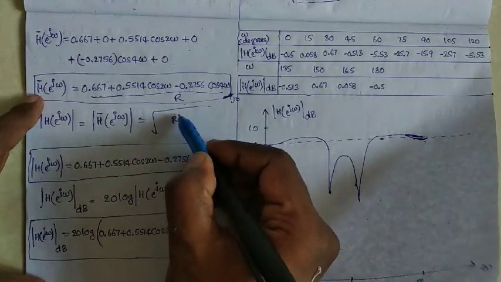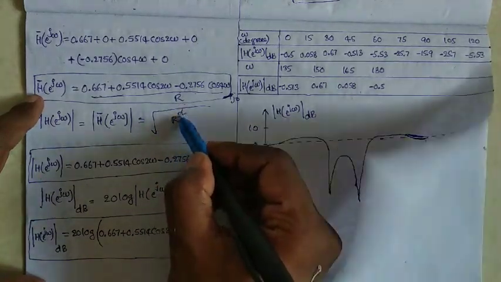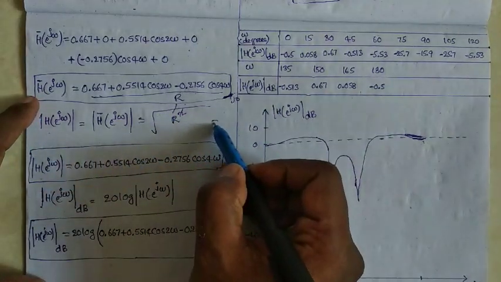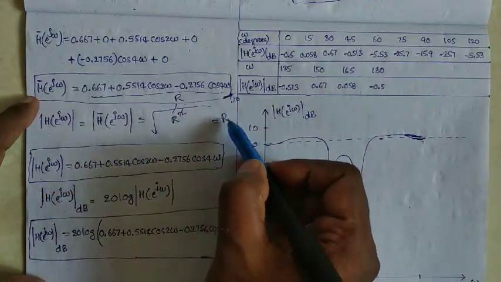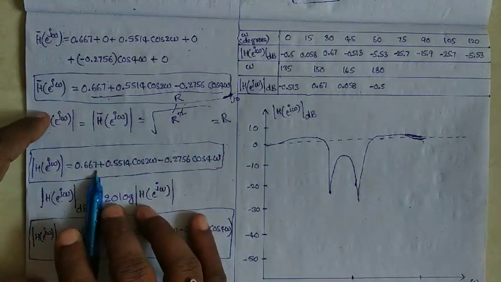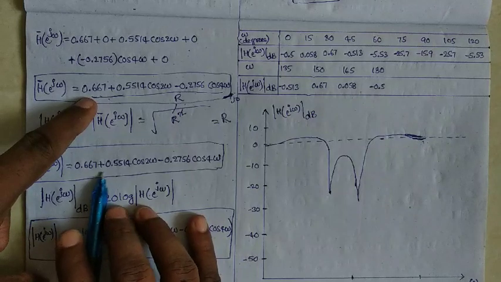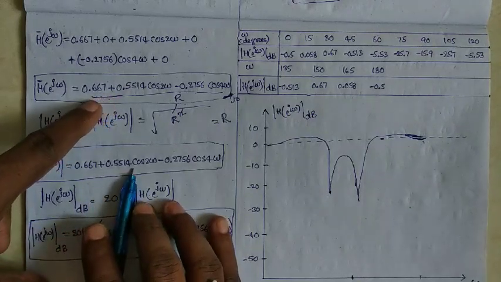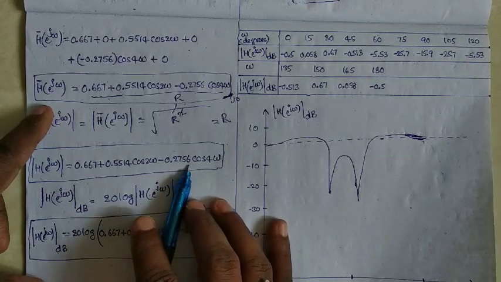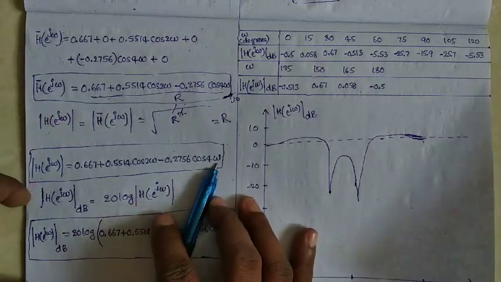The imaginary part is 0, so only the real part square exists, and the square root cancels. Mod h bar of e power j omega is equal to R, and the R value is this one. So mod h bar of e power j omega is equal to 0.667 plus 0.5514 cos 2 omega minus 0.2756 cos 4 omega.